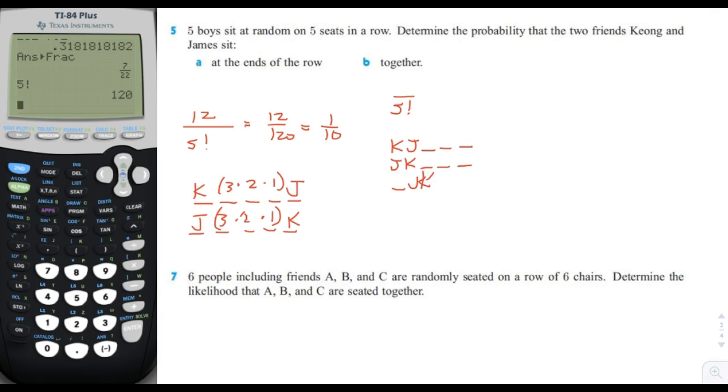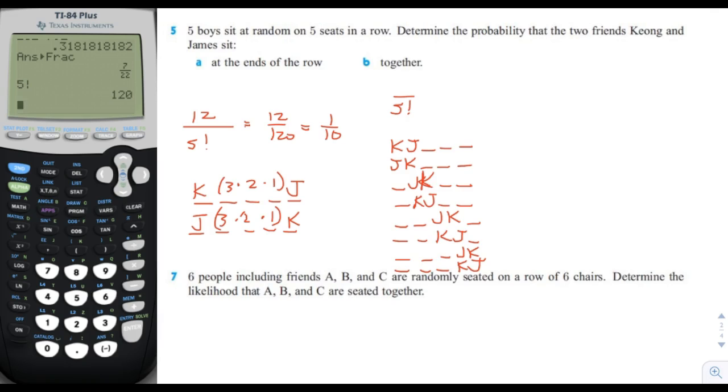James and Keong sitting like that, Keong and James sitting like that, and so on.